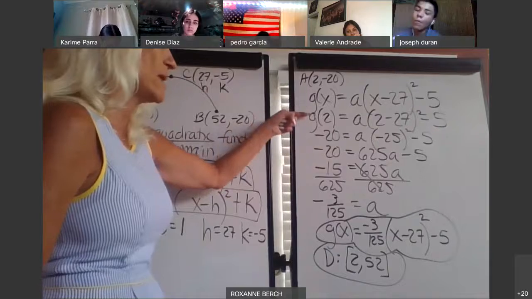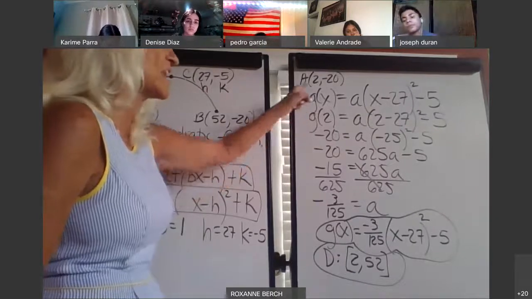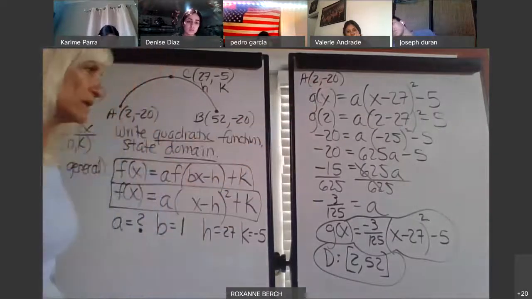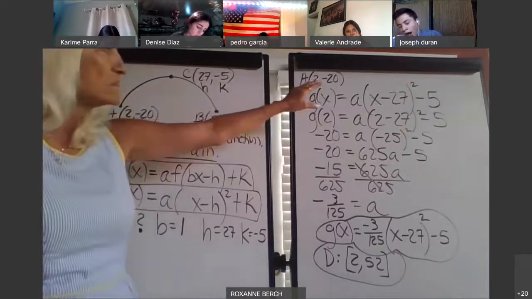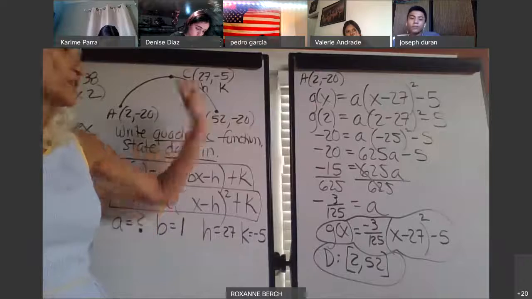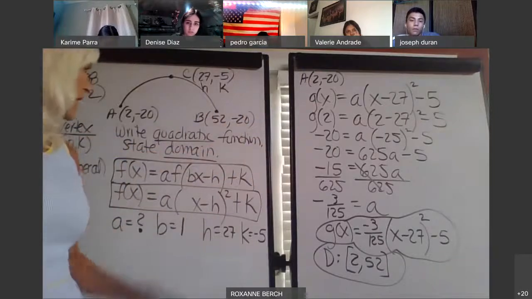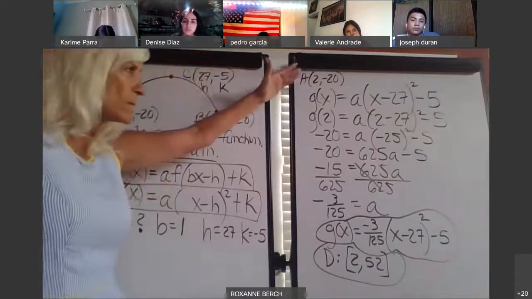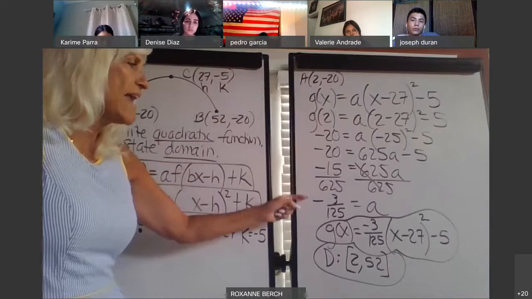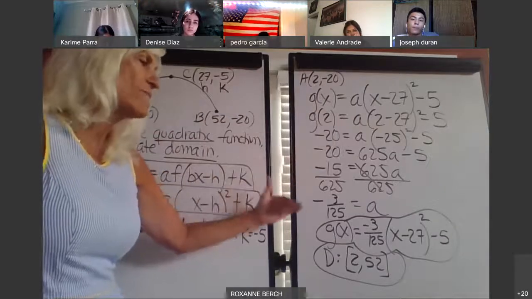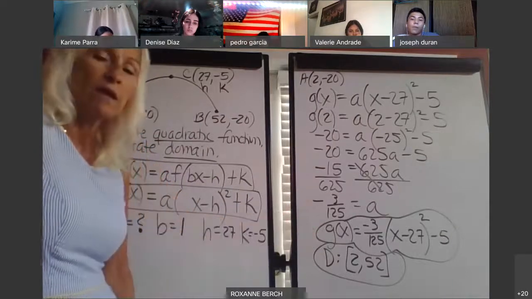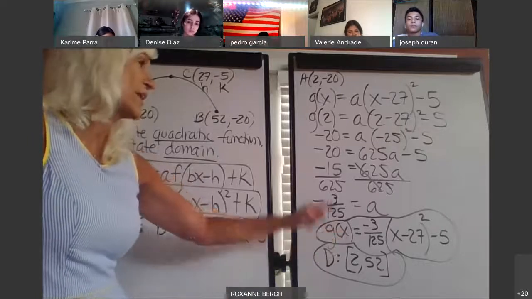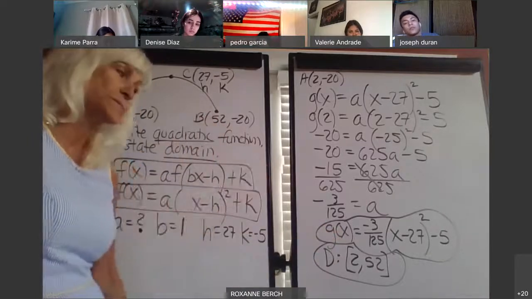So I'm taking the label out for Y and putting the actual Y value in, which is -20. In other words, I'm using this point A, and you could use the other point. If you use B, you're going to get the same answer. I just used the easiest point to find A, and then after I found A, because I knew everything else, I was able to write the function. And if you put this on the graphing calculator, you will get this graph.